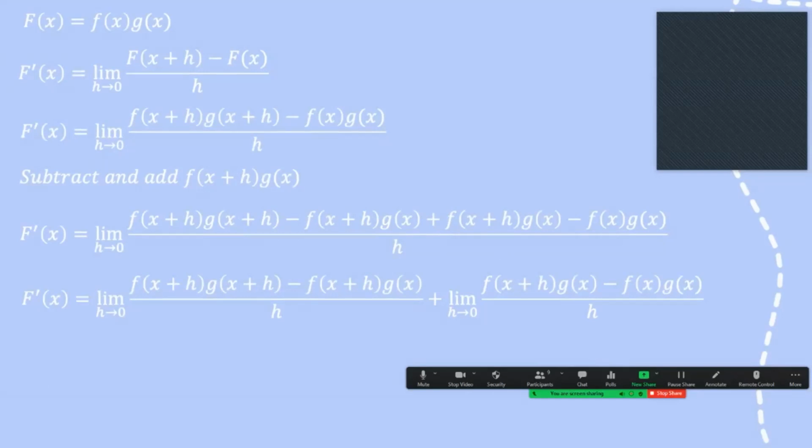Okay, now you can see in the first limit, you can factor out f(x+h), like that. Now for the second limit, you can factor out g(x), like that.